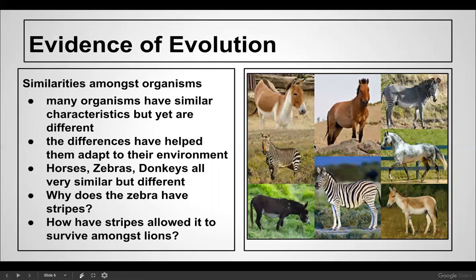Similarities amongst organisms: many organisms have similar characteristics, but yet are different. The differences have helped them adapt to their environment. Horses, zebras, donkeys, all very similar, but different. Why does a zebra have stripes? Stripes in the grasslands. How have stripes allowed it to survive amongst the lions?